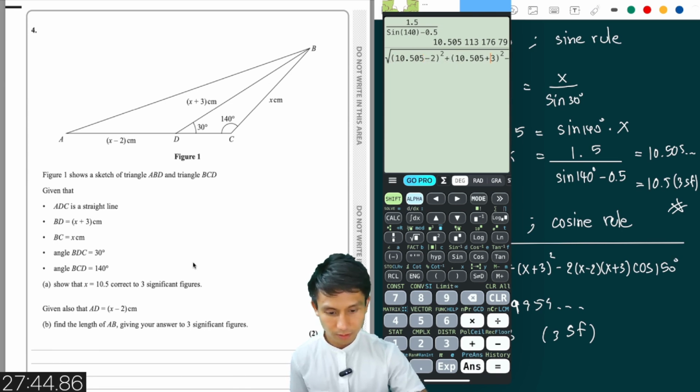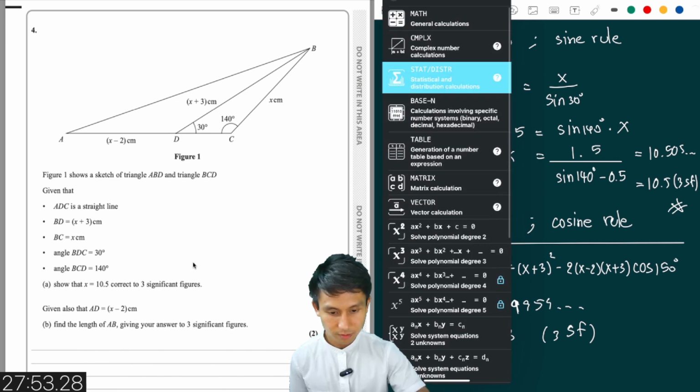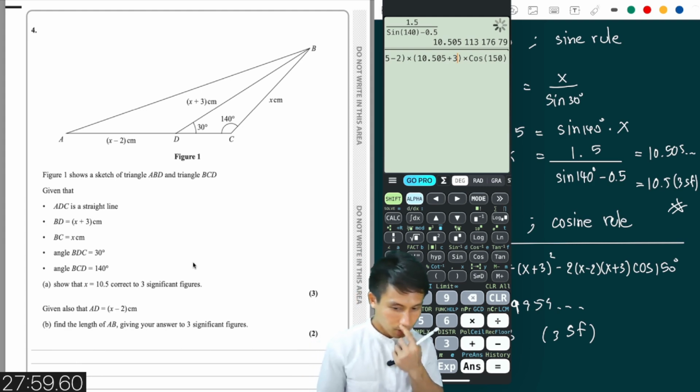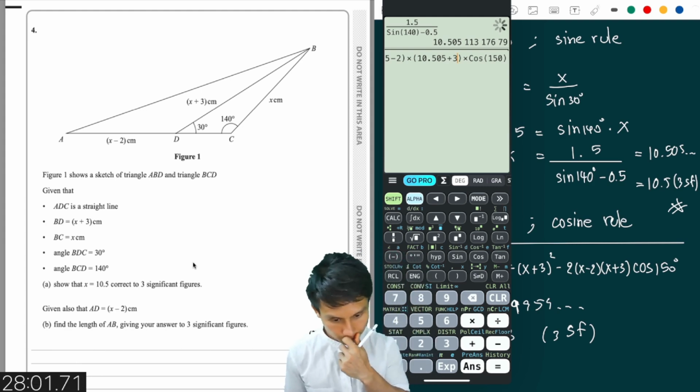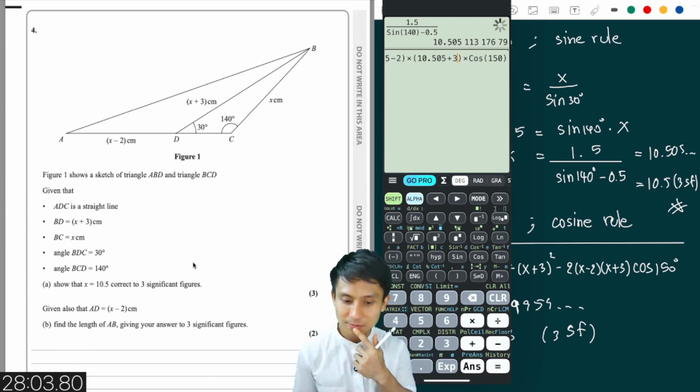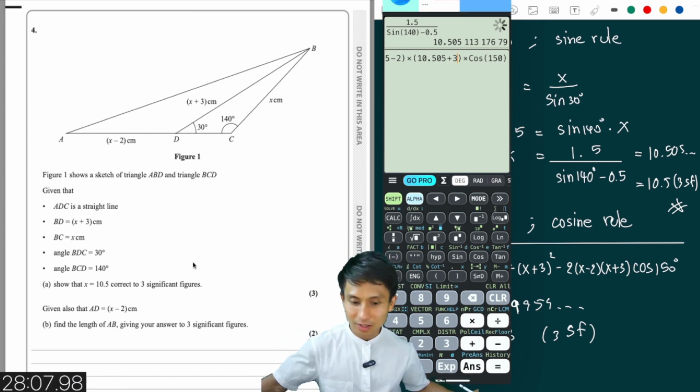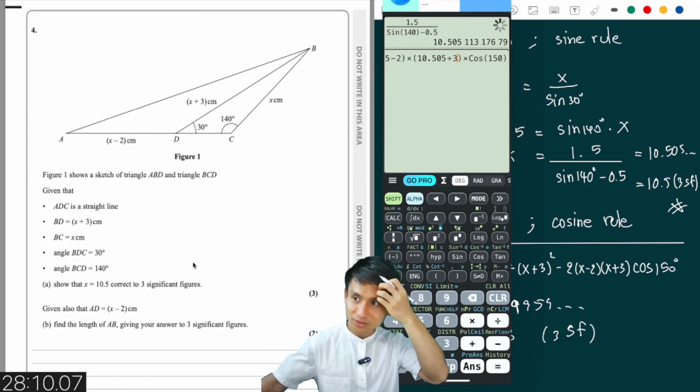Okay. Let's see. So that minus 2 times 10.505. That's taking some time. I don't know why a calculator can take that long to just give me that value.